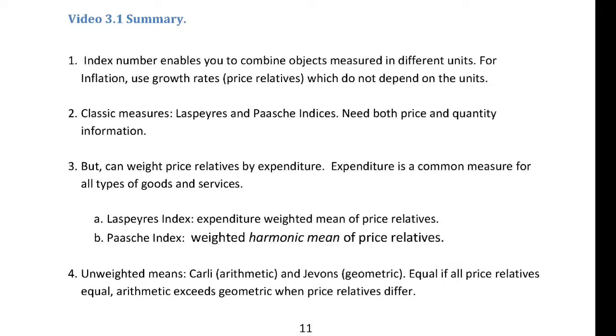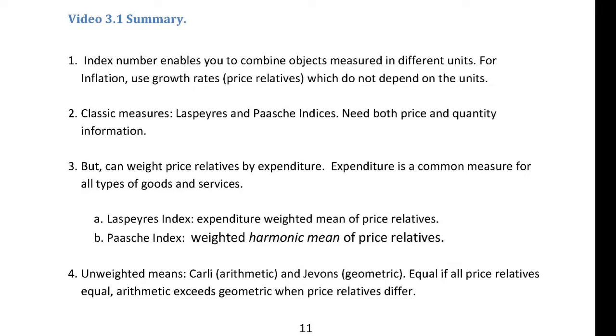If we go back in history, this index number problem was looked at in the 19th century. The classic measures you come across in the textbooks are the Laspeyres and Paasche indices. But for these, you need both price and quantity information. You can actually use expenditure shares, though.